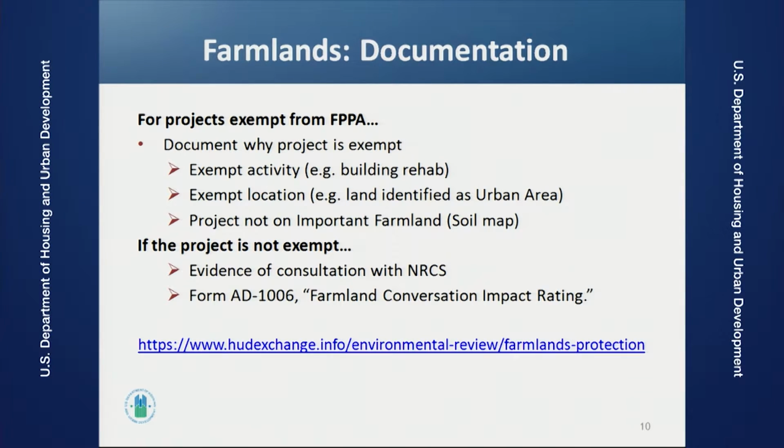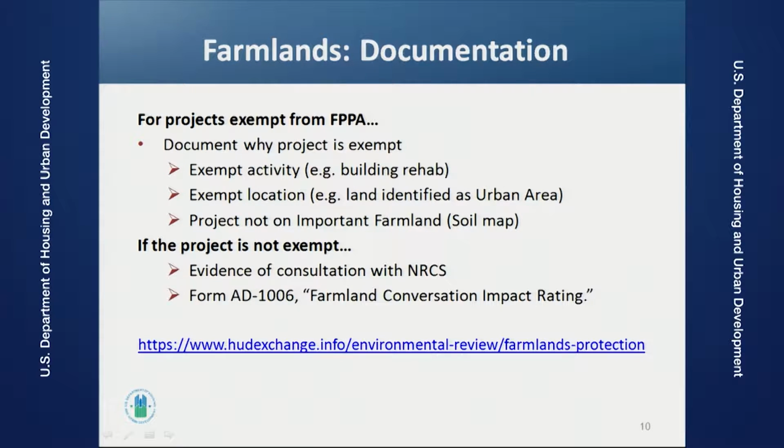Okay, final documentation for the FPPA. First, if your project is exempt, you want to document why it's exempt. So it's an exempt activity, such as a building rehab, or 223A7 or 223F. Or it's an exempt location, such as it's in an urban area, or there's no important farmland on the project site, and you have the soil survey map to show that.